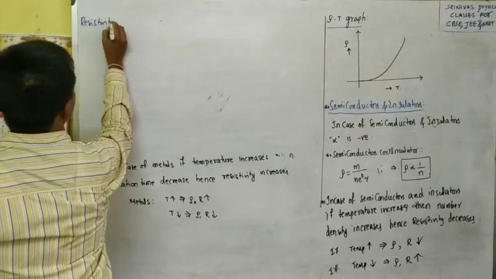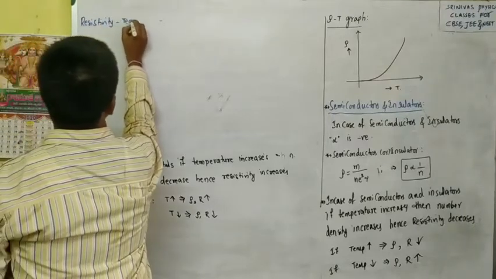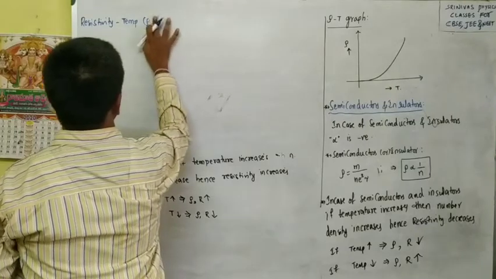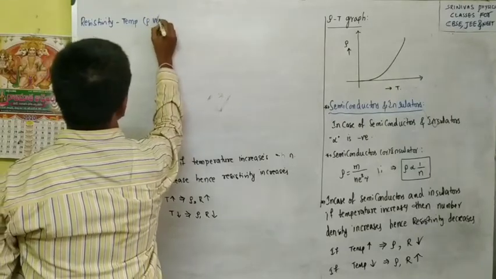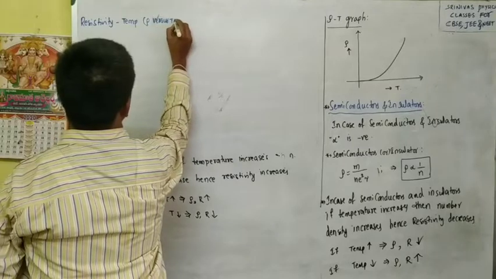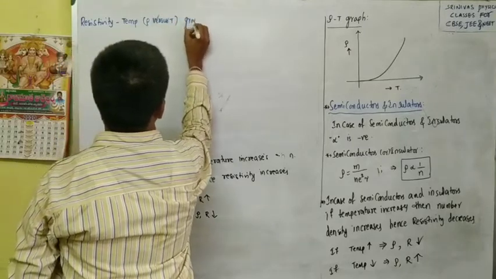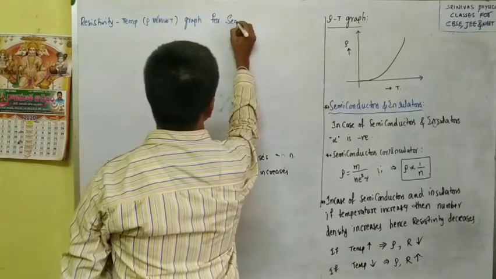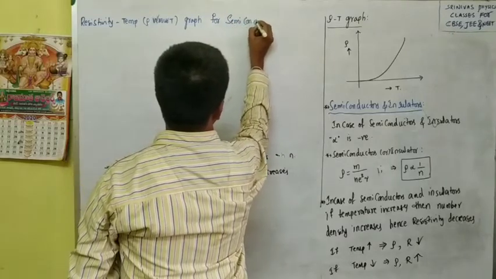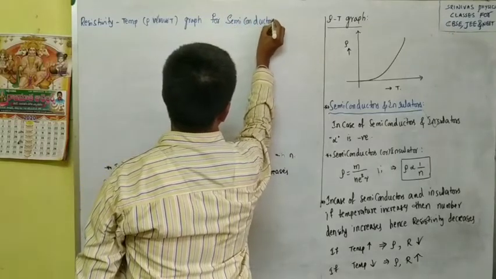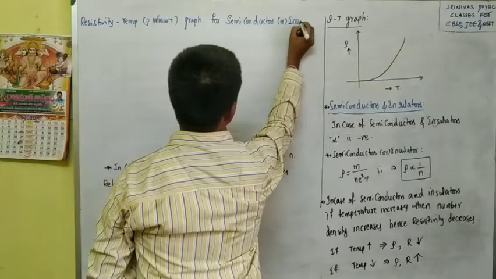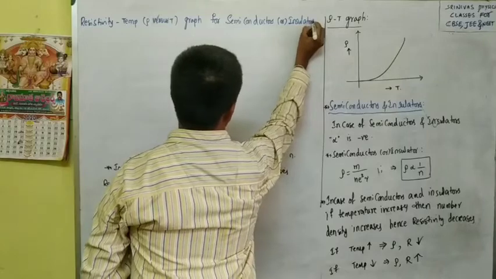Rho versus T graph for semiconductors or insulators, how will it be?